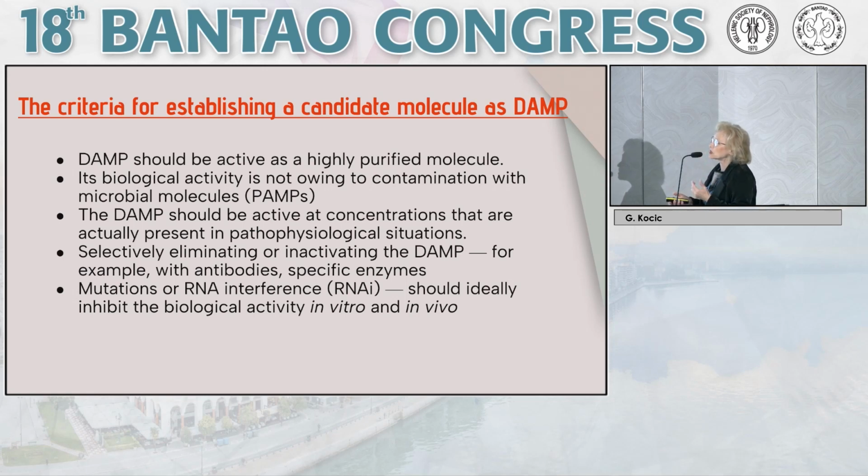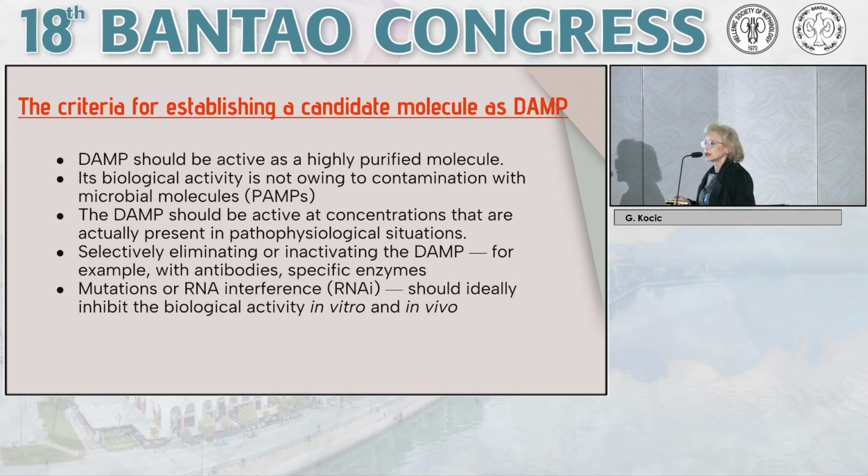Maybe the question is, what are the criteria to establish a substance to be a DAMP molecule? First, it should be active when it is highly purified. The second is that this biological activity is not related to any contamination with PAMP molecules, pathogen-associated.